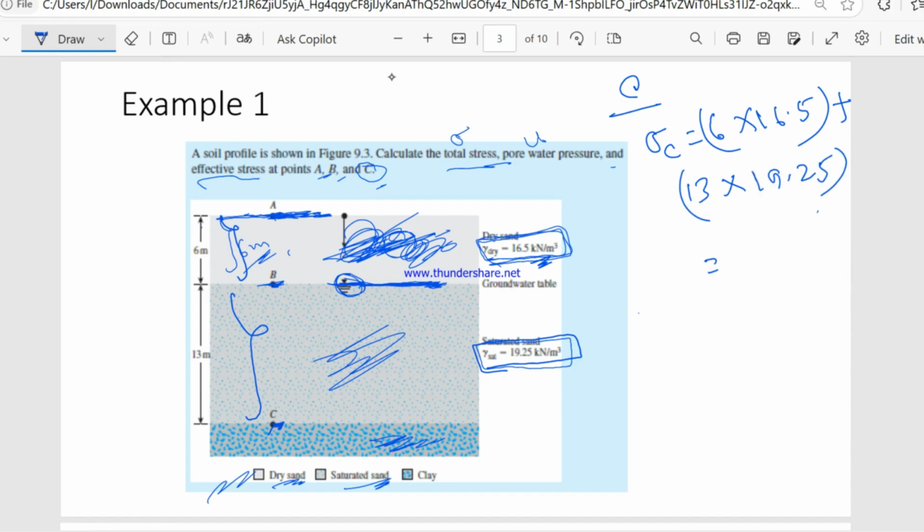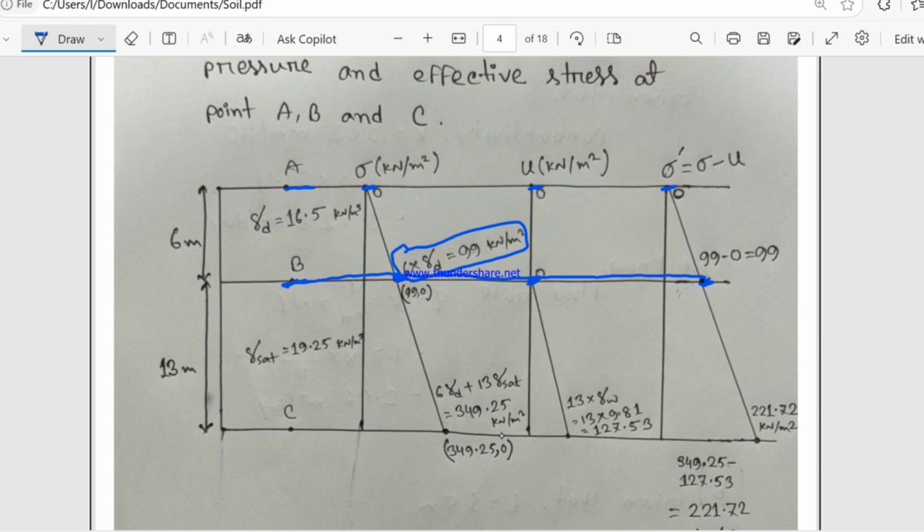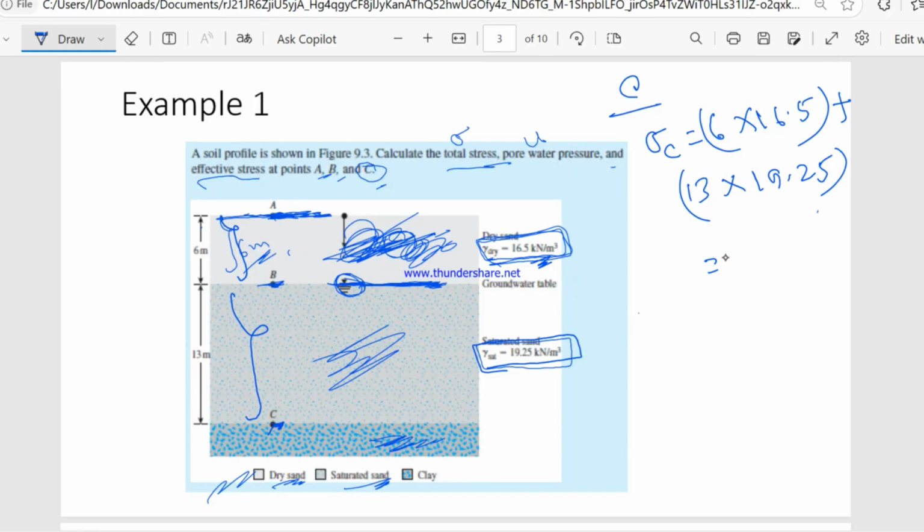So the value will be 349.25 kilonewton per meter square. Then what will the pore water pressure for point C?